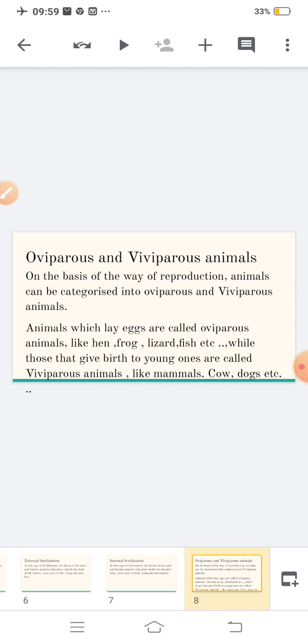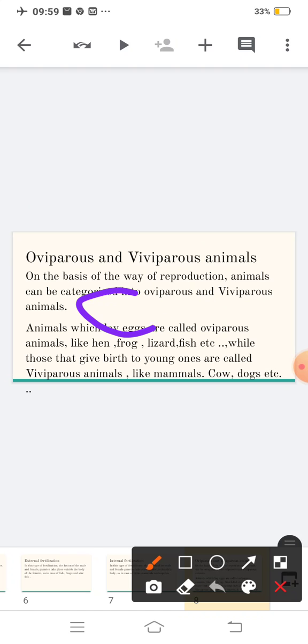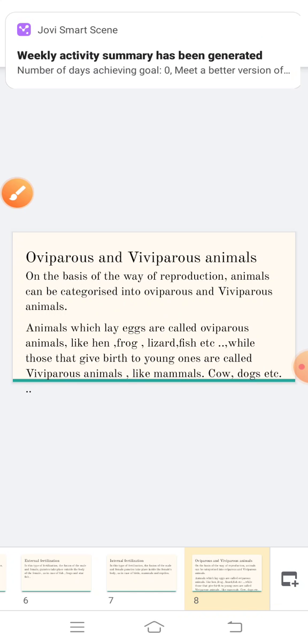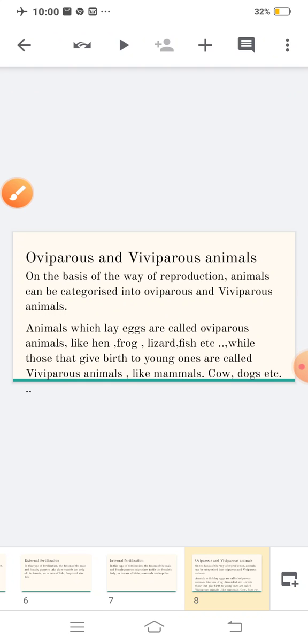Animals which lay eggs are called oviparous, like your hen, frog, lizard, fish, etc. While those that give birth to young ones are called viviparous, like cow, dogs, animals, etc. Is this clear? So, on the basis of reproduction, you can categorize animals into two parts: oviparous and viviparous.